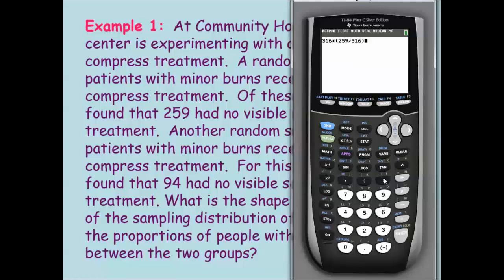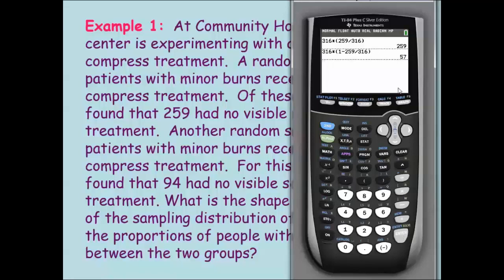Now, if you look at that real carefully, we're multiplying and dividing by the same number, which is why we end up with 259. As far as the 57 goes, if I do 316, which is our n, times 1 minus the 259 divided by 316, that's where we get the 57 from.